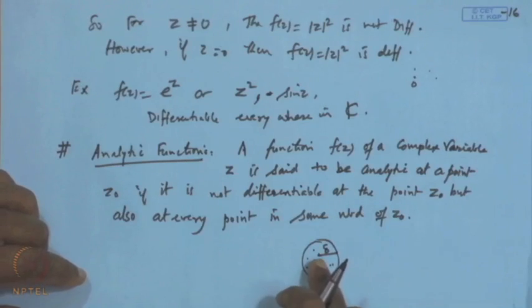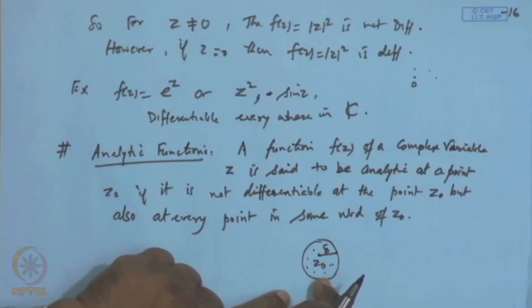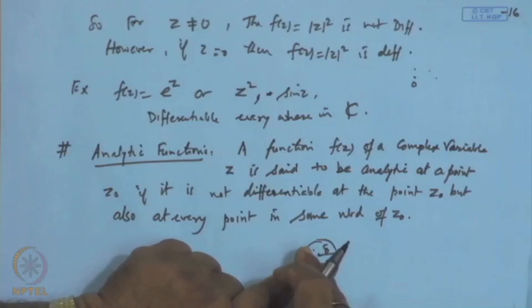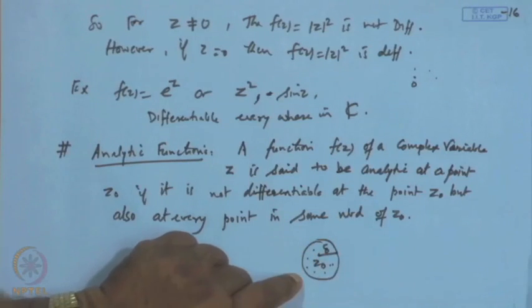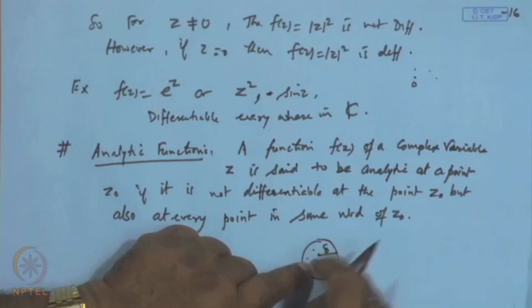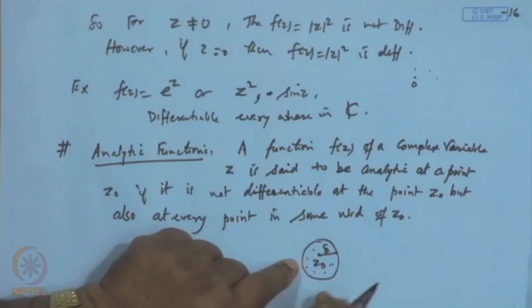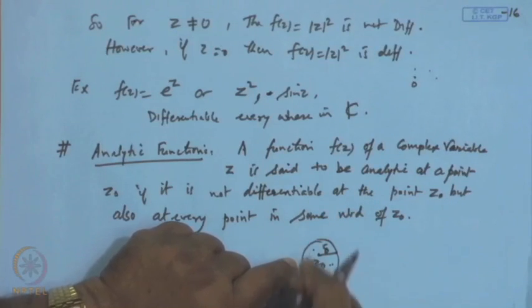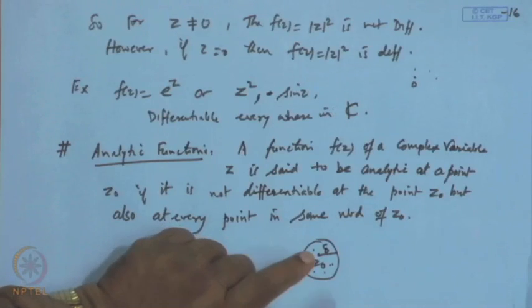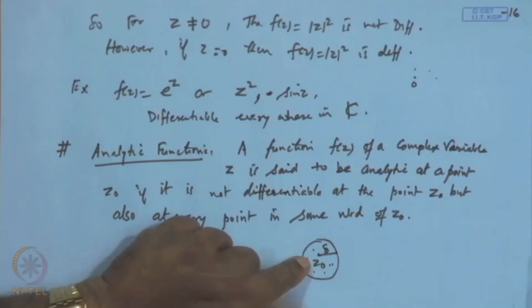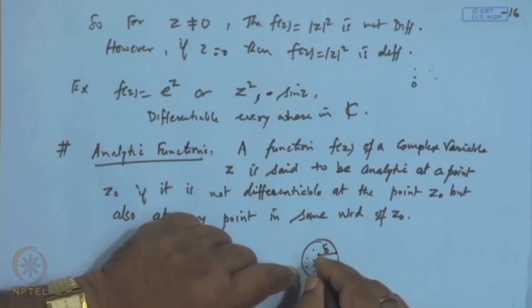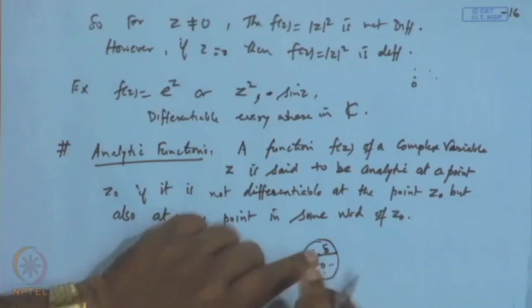When we say the function is differentiable at a point z naught, we are not bothering much whether the function is differentiable at other points or not, simply continuity is important. But when we go for the analyticity of the function at a point z naught, then we do care about the differentiability of the function in the surrounding points of z naught, that is, in some neighborhood of z naught the function must also be differentiable at each point, including the point z naught itself.